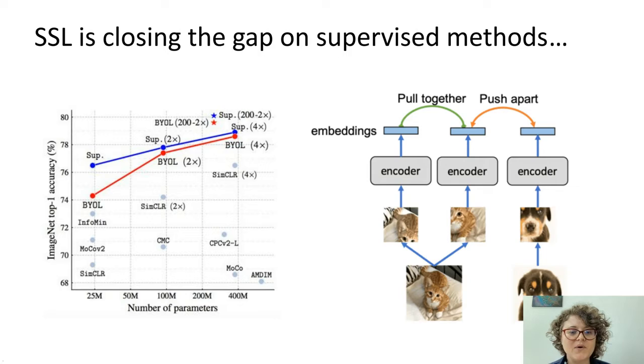So, as I alluded to, self-supervised learning methods are providing very impressive performance on a number of complex tasks in natural images and in computer vision. And now, over the past year, these methods have started to approach the performance of supervised methods that are trained end-to-end.